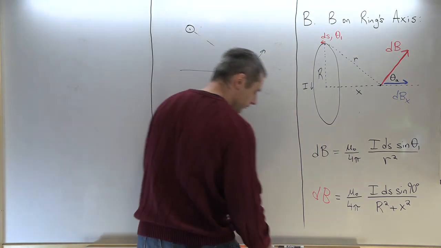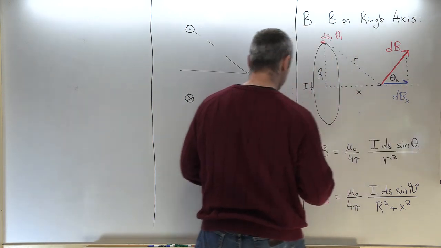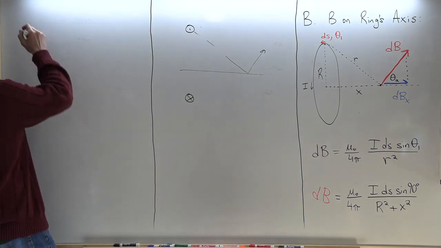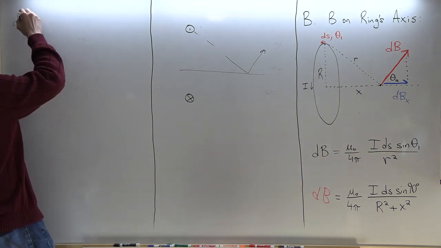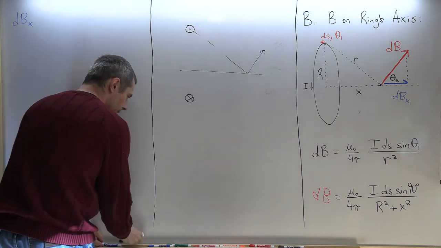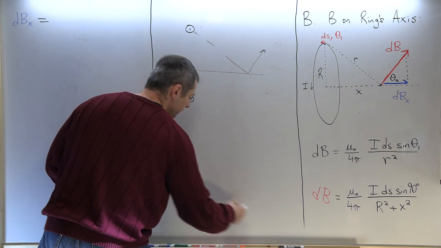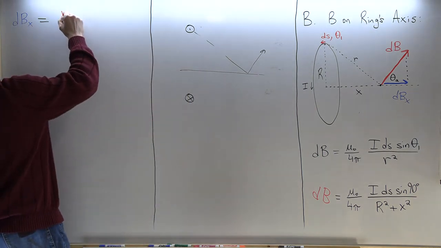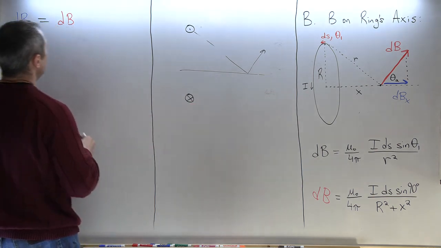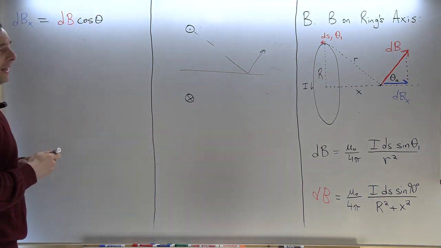Because with this being a right triangle, I can now say that the dB in the x direction will equal the dB along the hypotenuse times the cosine of theta 2. So we've got another angle.